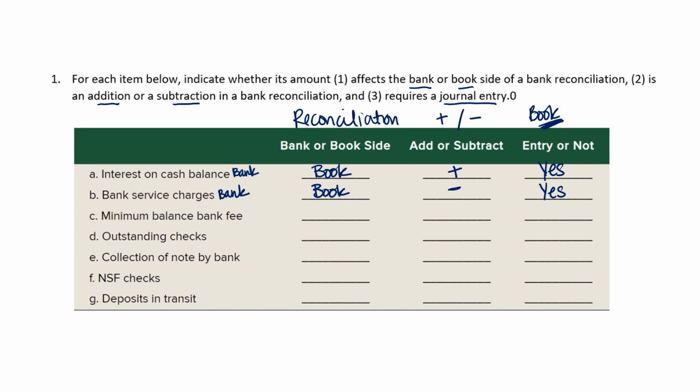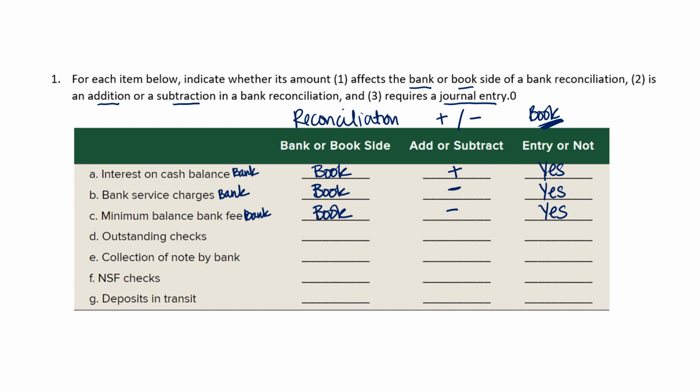C, minimum balance bank fee. Who already knows about this? The bank. So what side will it be adjusted on? The book side. A fee means it will be subtracted. And since this is a book adjustment, yes, a journal entry will be needed.